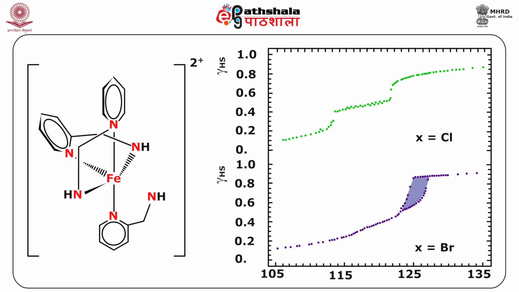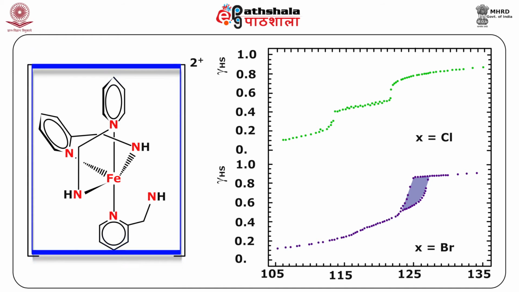These interactions can result in the displacement of the transition temperature, even to the extent that spin crossover is no longer observed, or may also cause a fundamental change in the nature of the transition, for example, from abrupt to gradual.